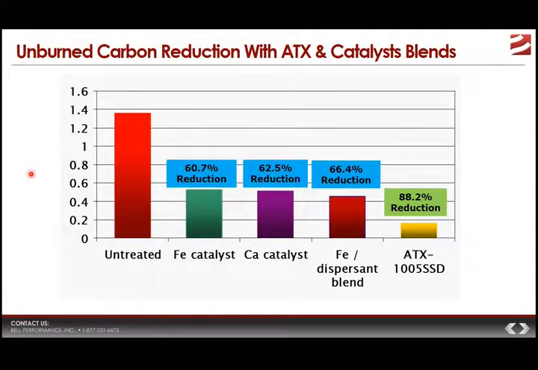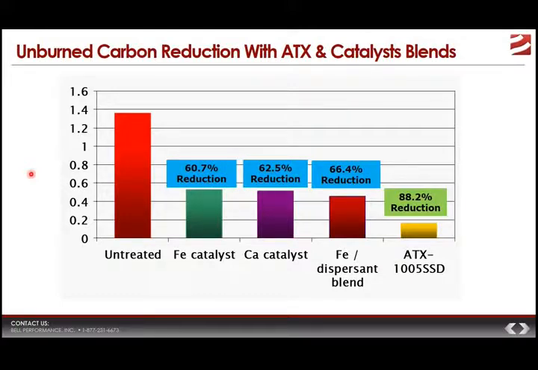Now, here is other evidence of the difference between with and without catalysts. Here you can see some differences in unburned carbon levels that are graphed between untreated fuel and the use of specific kinds of metallic combustion catalysts.